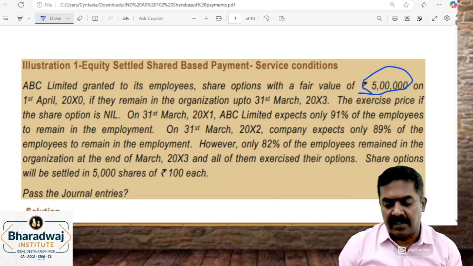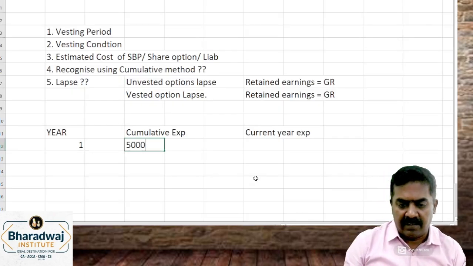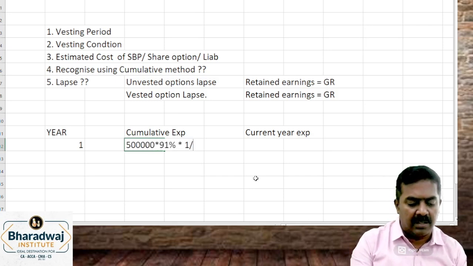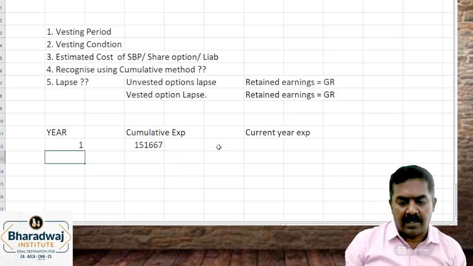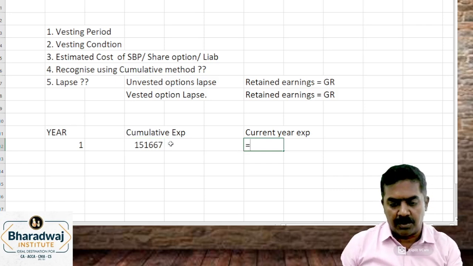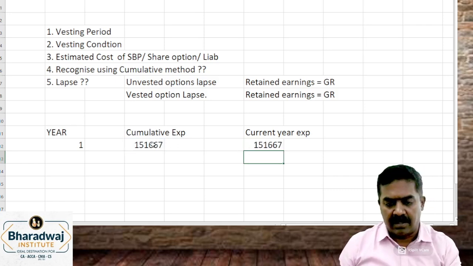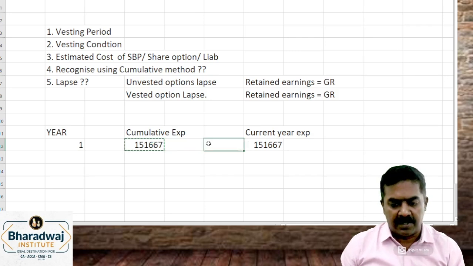How much will you recognize? 5 lakhs into 91% into 1/3 will be recognized as expense. That is the expense for the cumulative period, and that is the expense for the current year also. Both cumulative expense and current year expense are the same because it is the first year.